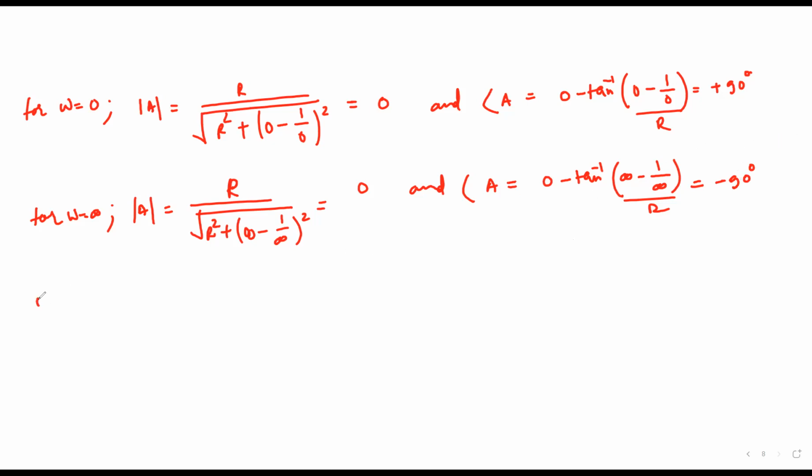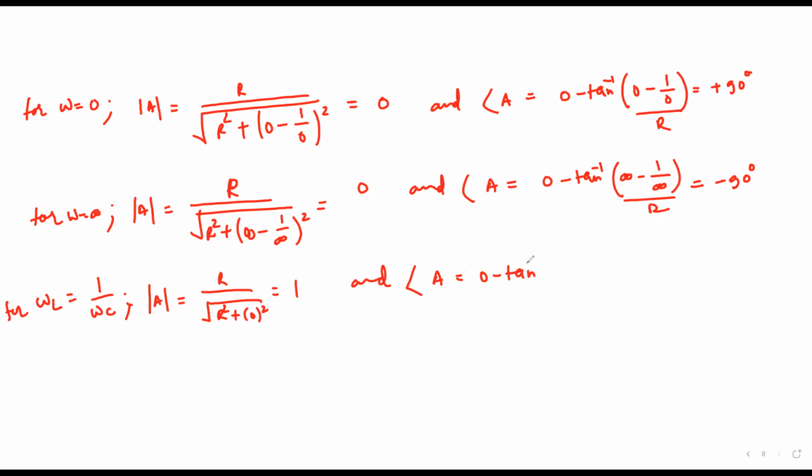And at the frequency when omega L is equal to 1 over omega C, the magnitude is R divided by square root of R square, and the term here takes the value of 0. And if we solve it, it takes the value of 1. And the angle would be 0.